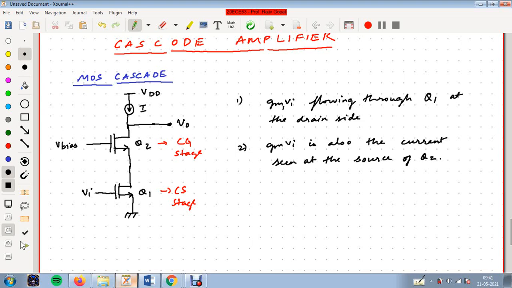Obviously, whatever current flows at the drain of Q1 will be the same current at the source of Q2.